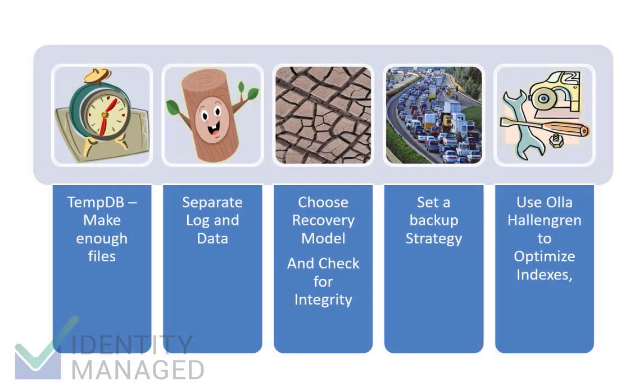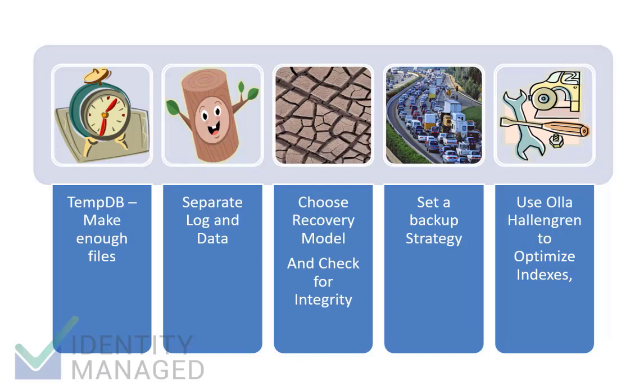So in summary, tempDB, give it enough files. Separate your log and your data and pre-grow them. Choose a recovery model appropriately, most likely full. Occasionally you might switch something into bulk logged, like when you're doing database index optimization. And check for integrity.